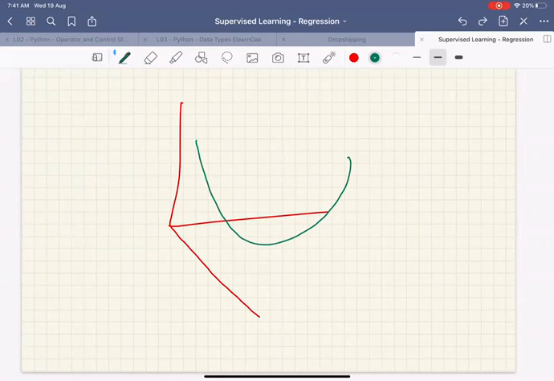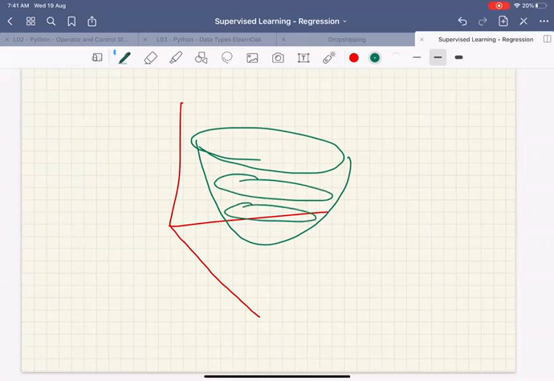So just imagine that this is a cone, and this cone has concentric circles where this is the minimum. Just imagine a bed sheet extended on 4 ends, and we put a ball, and the shape that the bed sheet makes is the shape that I'm trying to draw here. On one axis I have theta 0, on this axis I have theta 1, and this axis here is the value of y.